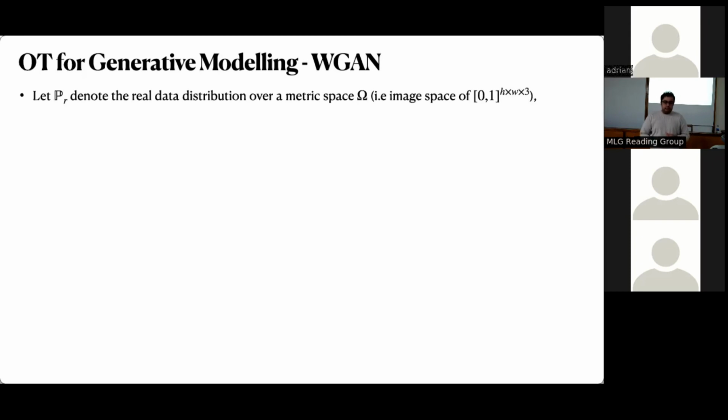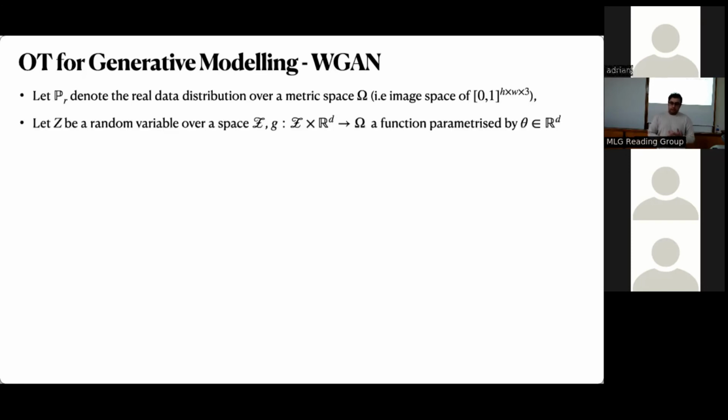So let's consider P_R to be the empirical data distribution over your image space or word space, any input space that you're dealing with that's equipped with some sort of metric. Z is the random variable over a much smaller latent space that you usually sample from, which is uniform or Gaussian, one of those.